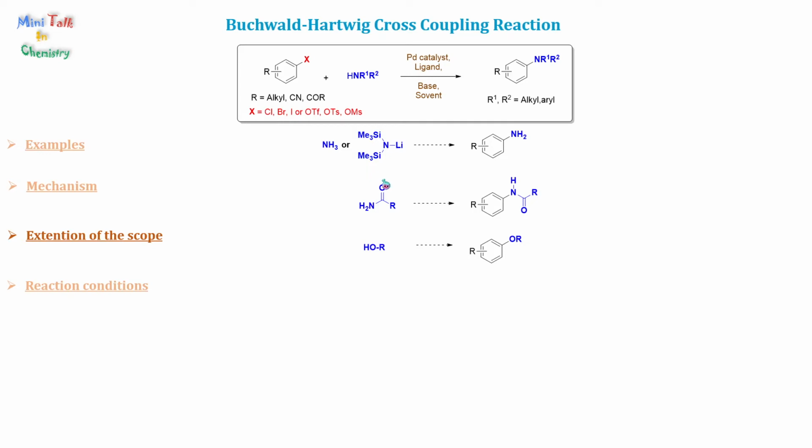You may know that other nucleophile partners can be used such as amide or alcohol to form aryl amide or aryl ether, an alternative to the Ullmann reaction.